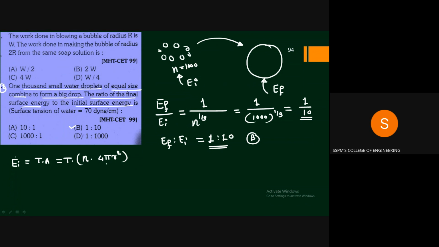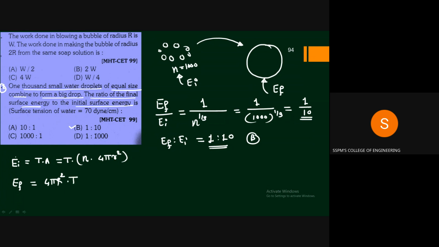So this is the initial surface energy. Now all these droplets are converted into a single drop, then the final surface energy for the bigger drop, EF, is equal to 4 pi R square, the surface area, into T.